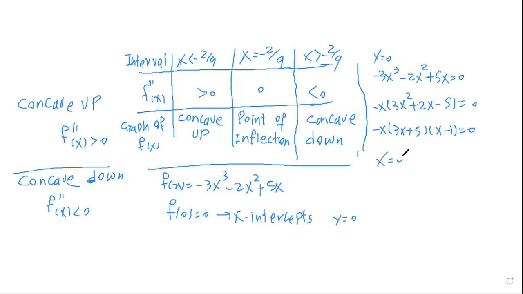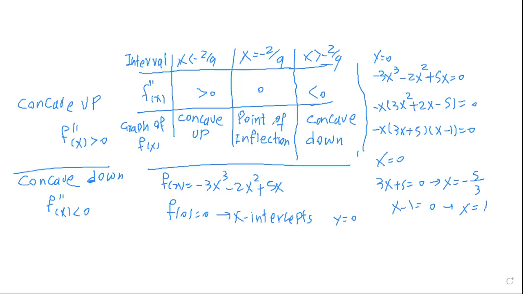Then either x is 0, or 3x plus 5 is 0, so x is negative 5 over 3, or x minus 1 is 0, so x is 1.